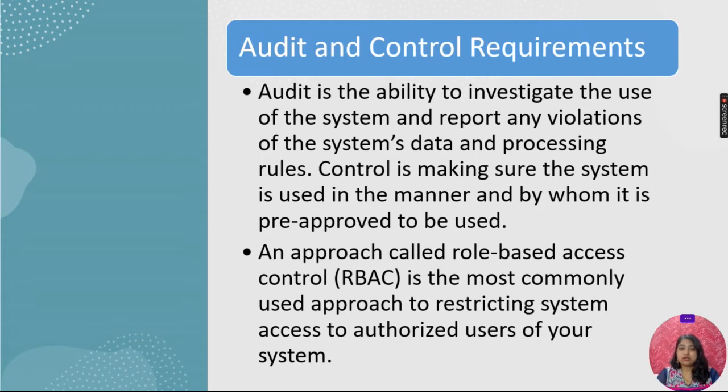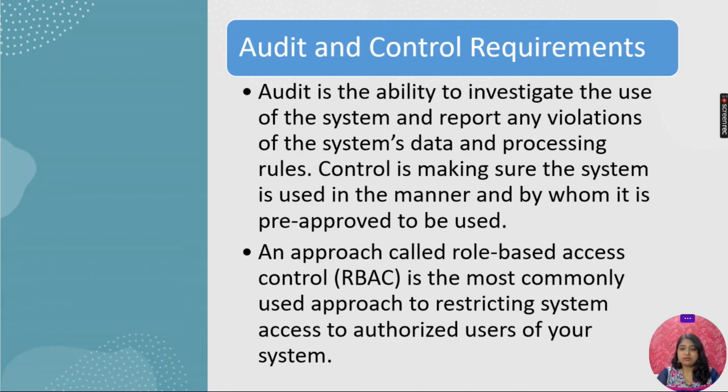We should be able to ensure that the system is used in the manner in which it was pre-approved to be used. And if there are any discrepancies, then we should be able to know who is using the system. Now, this approach is called role-based access control.